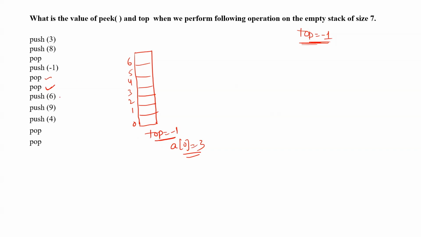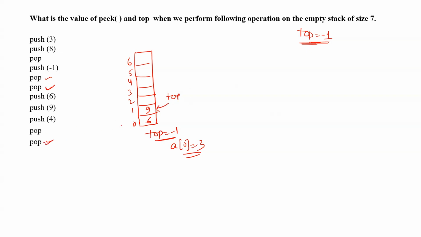Next is push 6. To perform push 6, the value of top will be increased. To perform push 9, top will come here. Again you perform push, and top will come here. Now there is a pop operation. So in this pop operation, 4 will be deleted. The value of top will now be here.